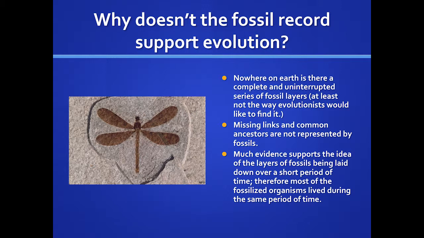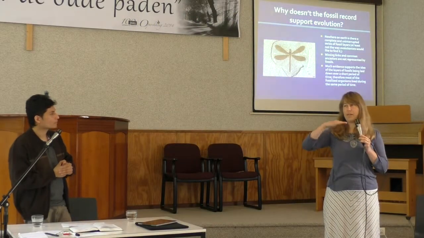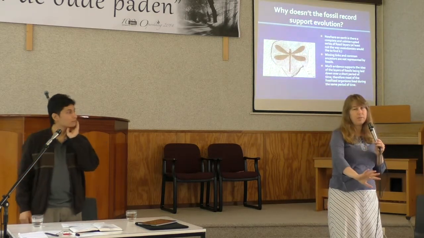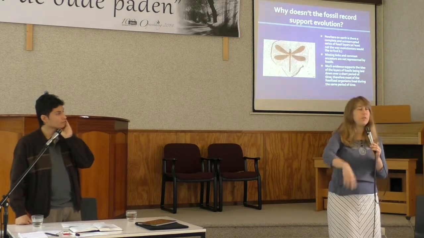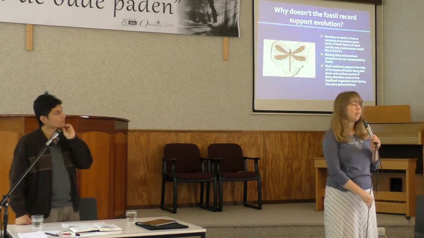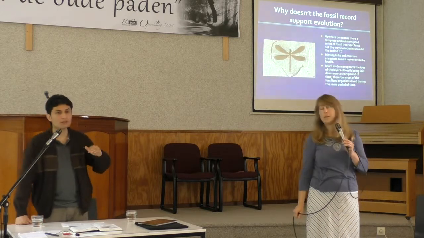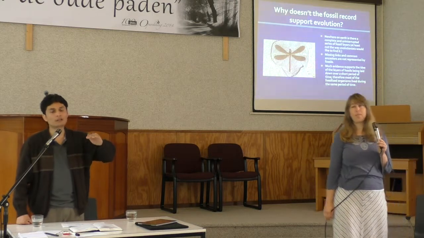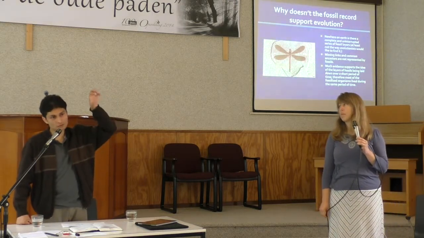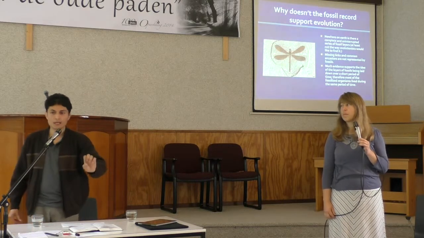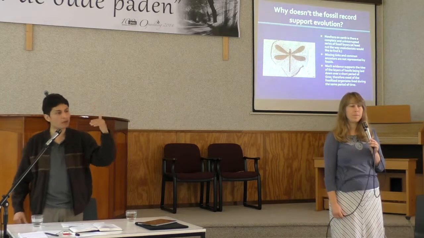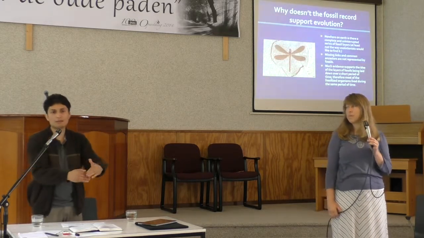We had talked previously about the strata of the earth and how the evolutionists believe that things down at the lower levels of the earth evolved first, and then higher forms of life evolved later.